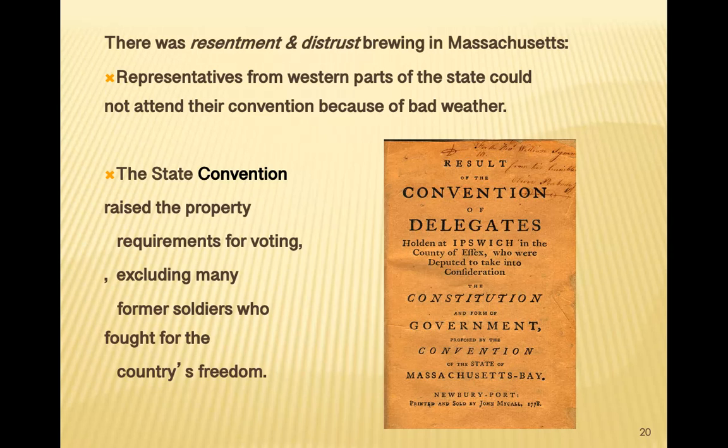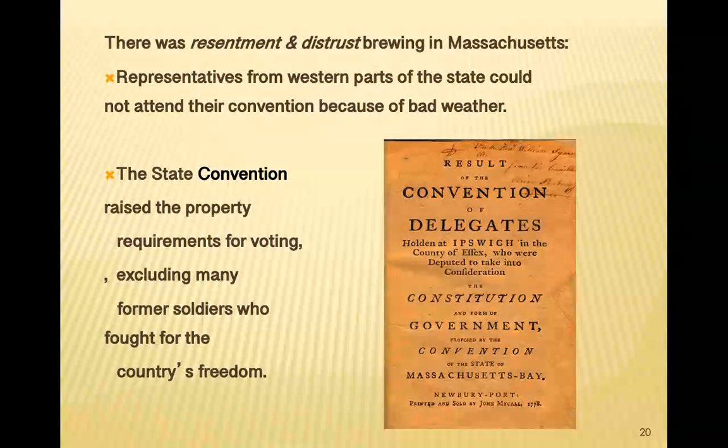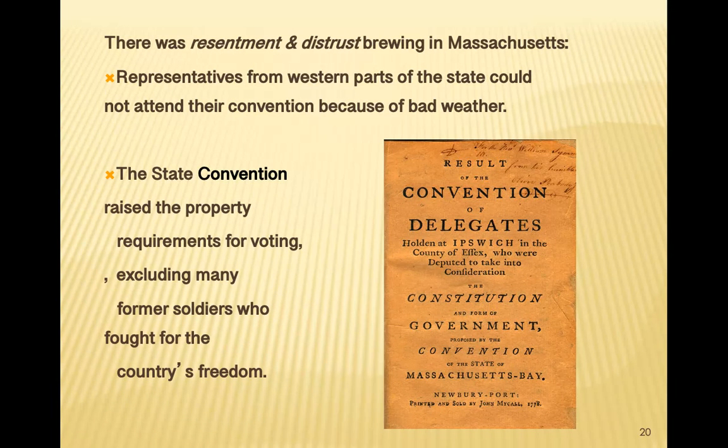The state convention raised the property requirements for voting, which means that a lot of former soldiers who fought for the country's freedom were excluded from voting because they weren't exactly in a position to pay for land, because they weren't paid for their service while fighting in the Revolutionary War against Great Britain.